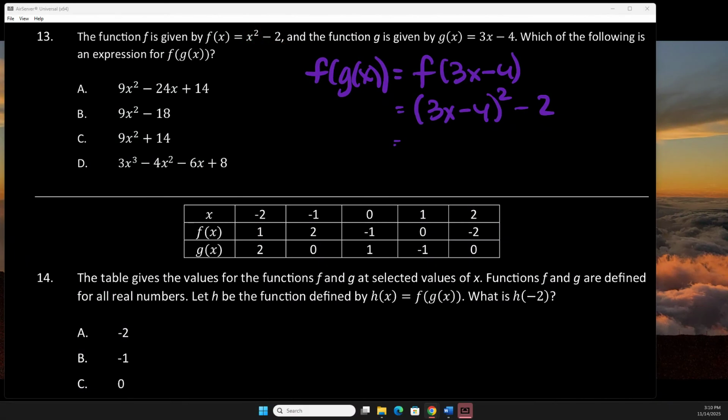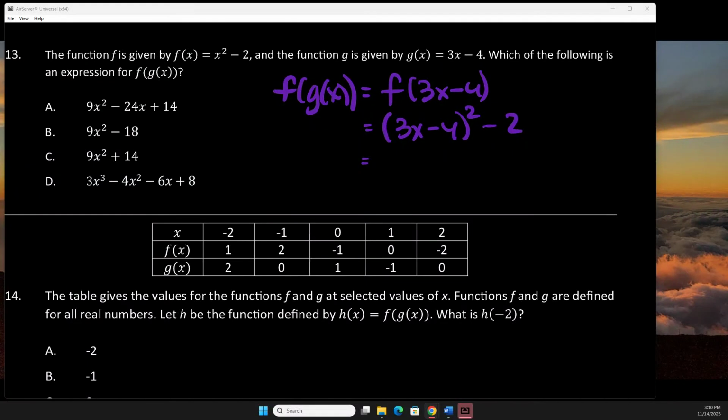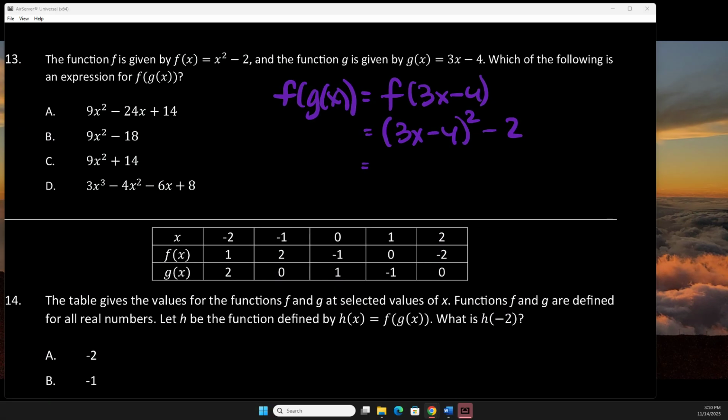Now you have to be careful when you square 3x minus 4. You can either multiply it by itself, which is perfectly acceptable. So you would have to distribute the 3x. And then you would distribute the negative 4.